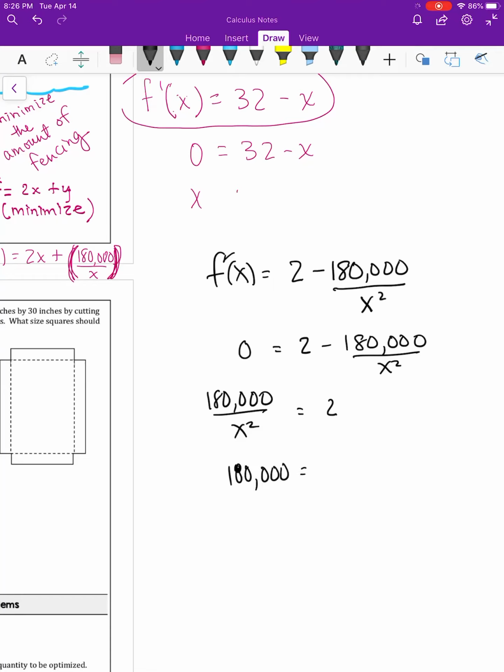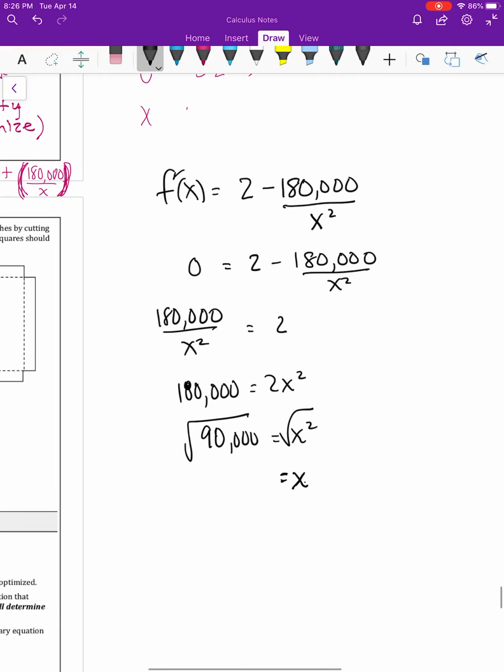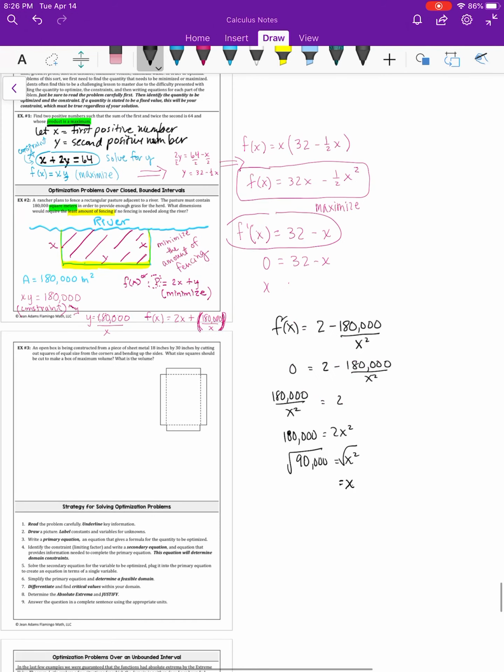Since that's negative, I'm going to bring it over to this side, multiply by x squared on both sides, divide by 2, and take the square root.